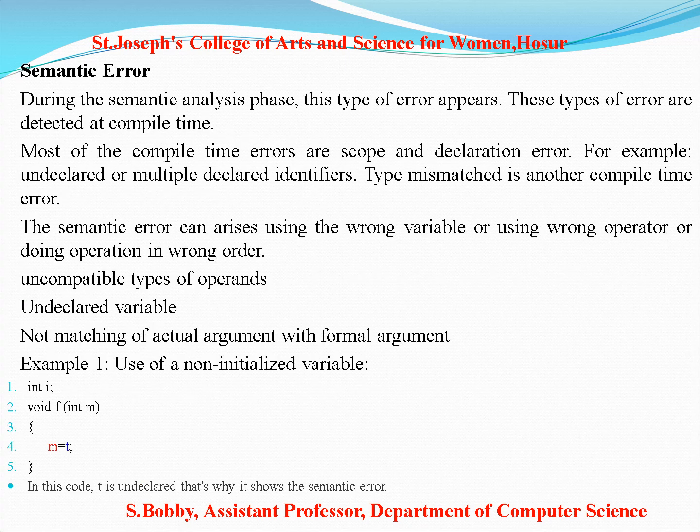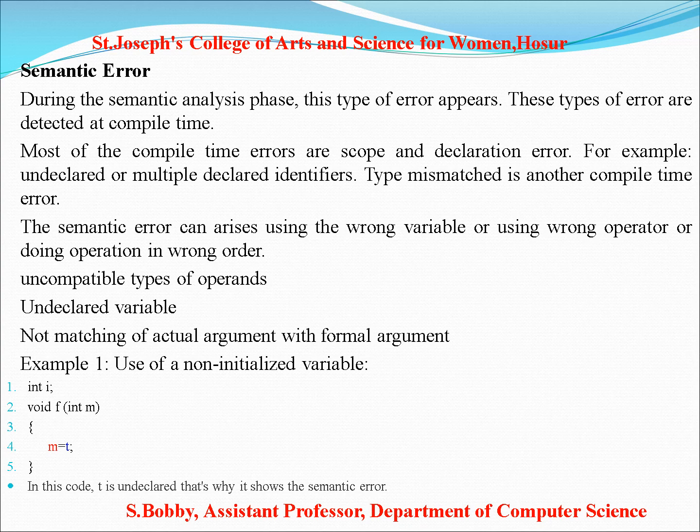Next, semantic error. During the semantic analysis phase, this type of error appears. These types of errors are detected at compile time. Compile time errors include scope and declaration errors, for example, undeclared or multiply declared identifiers. Type mismatch is another compile time error.